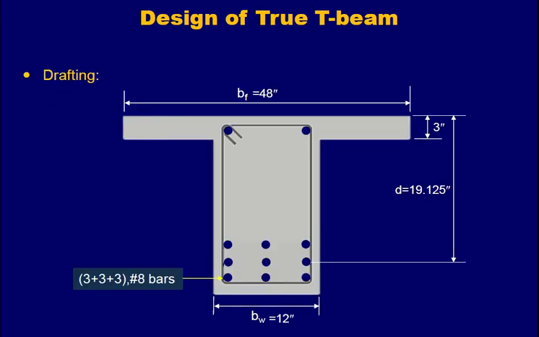And coming to the important part, the drafting. So this is bw 12 inches, this is bf 48 inches, hf 3 inches, with the effective depth recalculated based on 3 layers of reinforcement provided, 3 plus 3 plus 3 number 8 bars. 9 number 8 bars have been provided. One important thing is left, which is an activity you have to perform at home.